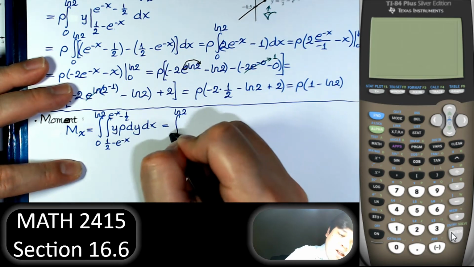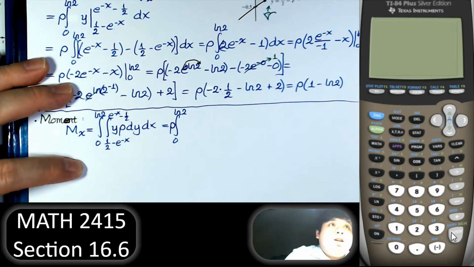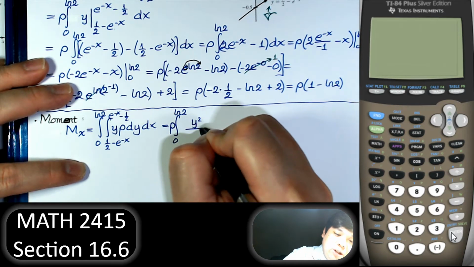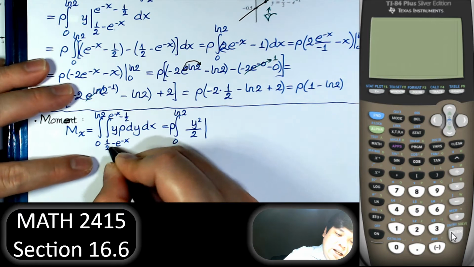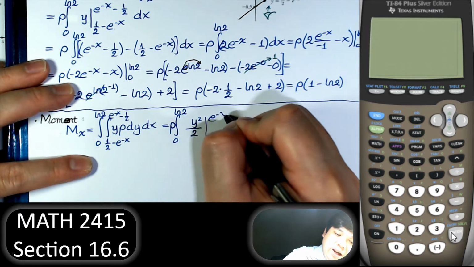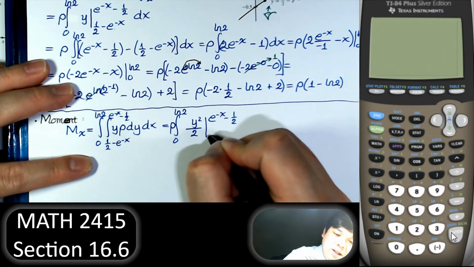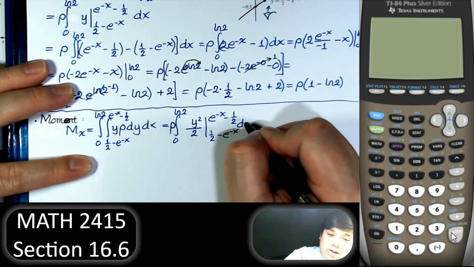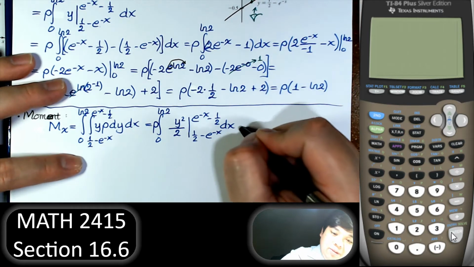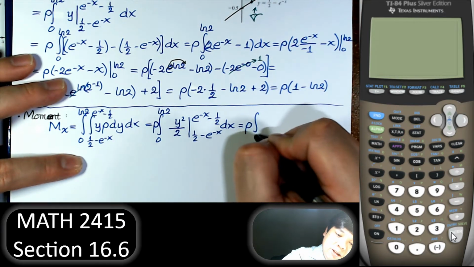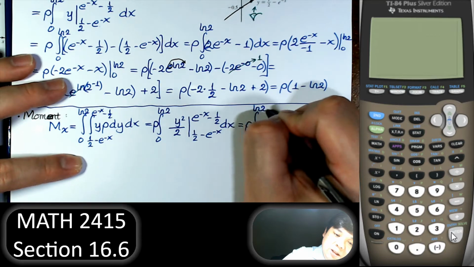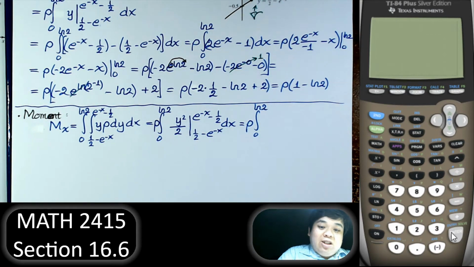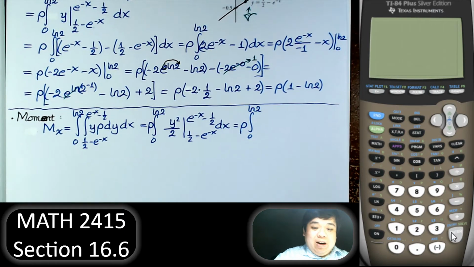Rho is constant, so I will take it outside of the double integral. The integral of y will be y squared over 2. Inside, I have e to the negative x minus 1/2, and then 1/2 minus e to the negative x, whatever we have, dx. This is not a very good first example, regardless.